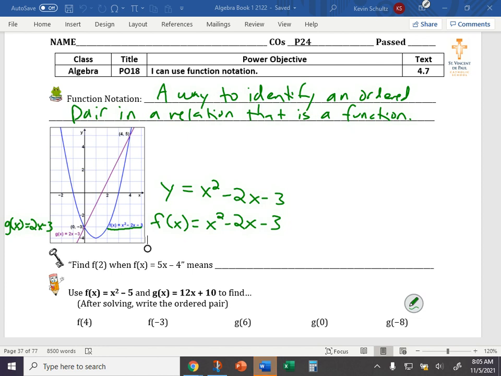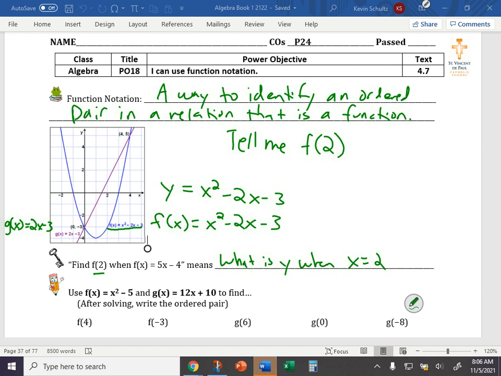So rather than me saying, what's the value for y when x is whatever, if I say, tell me f of 2. Essentially, when I say find f of 2 or tell me f of 2, what it means is, what is y when x equals 2?